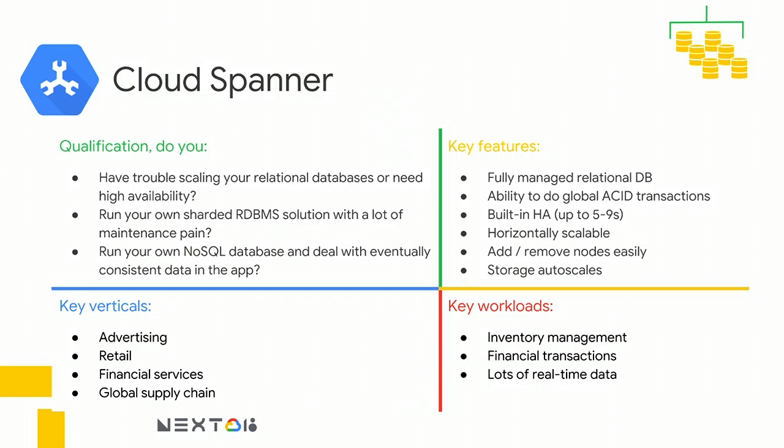So you get a fully consistent database. We've partitioned it across the world, and we've used atomic clocks to get synchronization so tight that we can still give a 5 nines availability SLA over this data. So this is an incredibly powerful relational database management system that we've been using to run some of the largest systems inside of Google, and we're really excited to see what customers are going to do with this. It was just in beta a year ago, it's GA now, so we're seeing some super interesting pickup on this one.